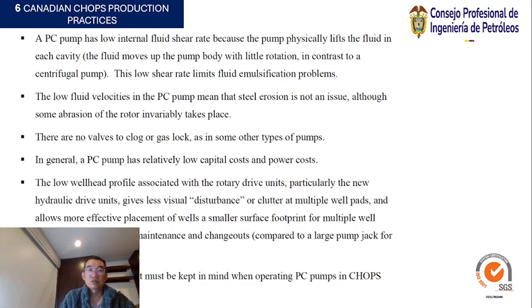The low fluid velocities in the PC pump mean that steel erosion is not an issue, although some abrasion of the rotor invariably takes place. There are no valves to clog or gas lock, as in some other types of pumps.